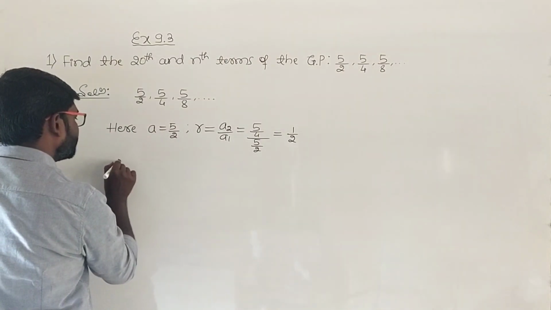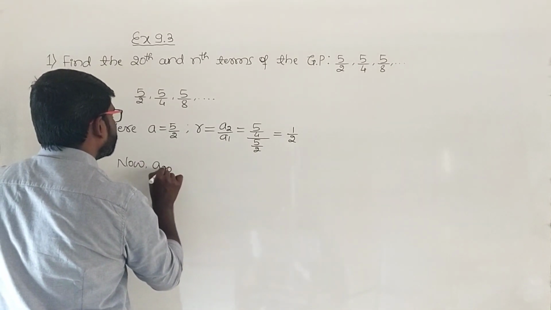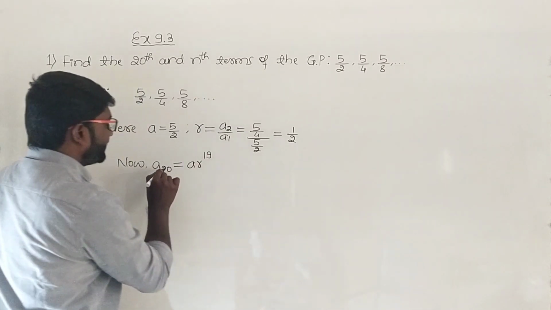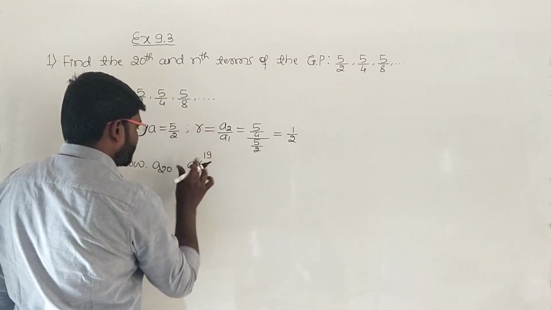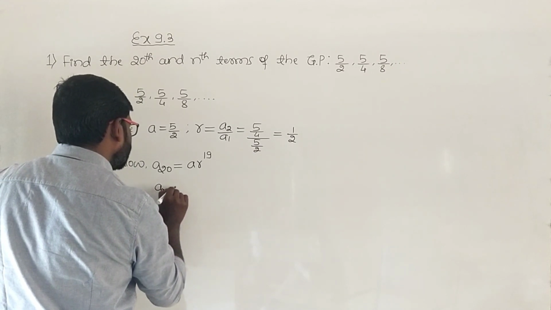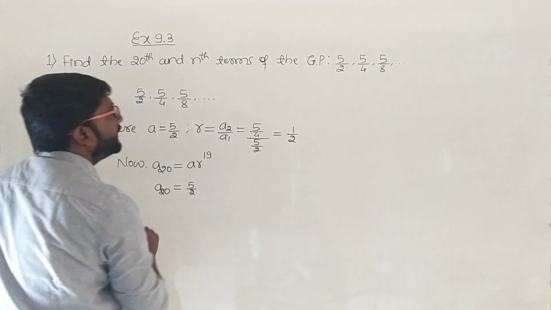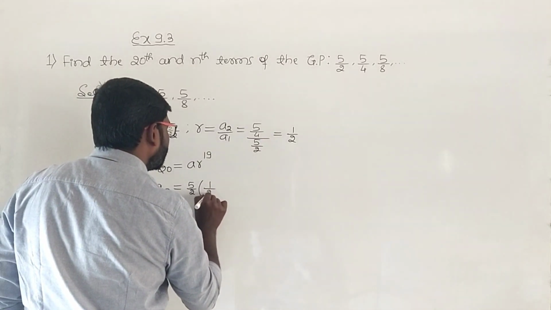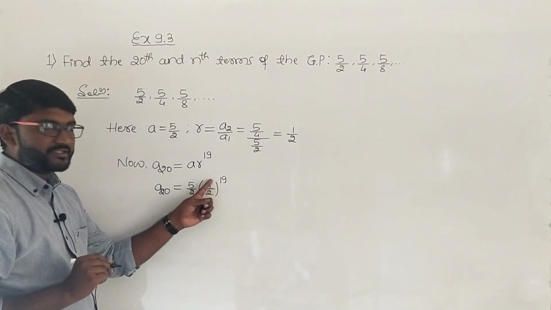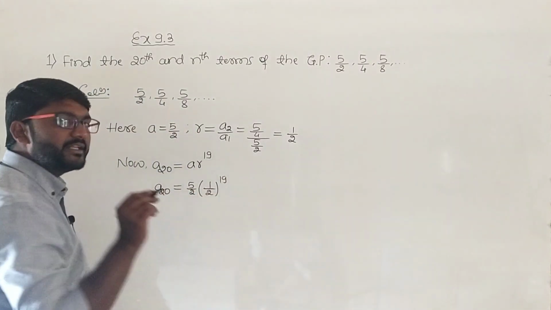Now the 20th term, A20, equals A into R raised to 19, one less than the number of terms. So A20 equals 5 by 2 into 1 by 2 raised to 19. The power applies to the numerator as well as the denominator, so 1 raised to 19 is 1.